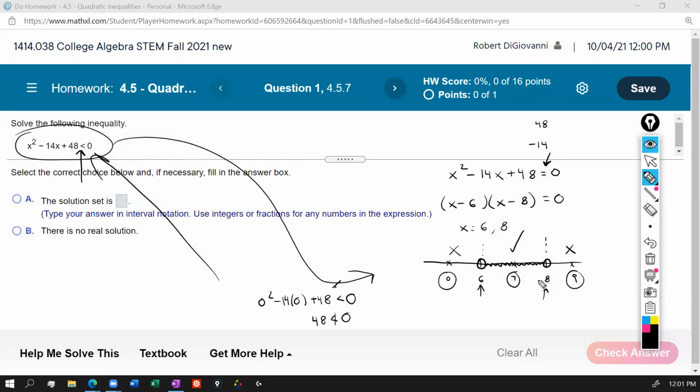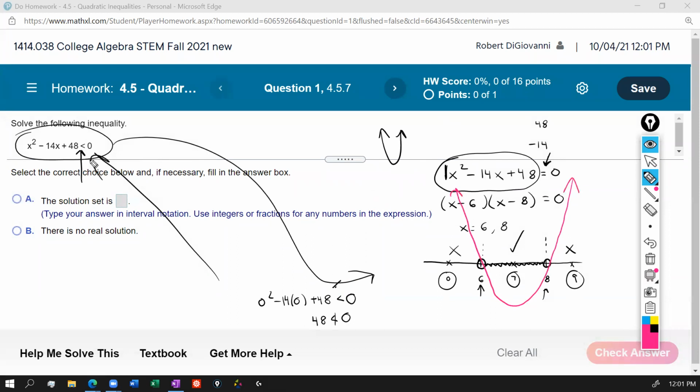Now, the other way to do it is to realize that this quadratic is a parabola that opens up, because this 1 in front, we know it opens up. And so these 2 points, 6 and 8, represent x-intercepts. So we know that the parabola goes down and comes up like this. And so to ask where this thing is less than 0 is asking where is this graph below the x-axis, which would correspond again to the same answer.